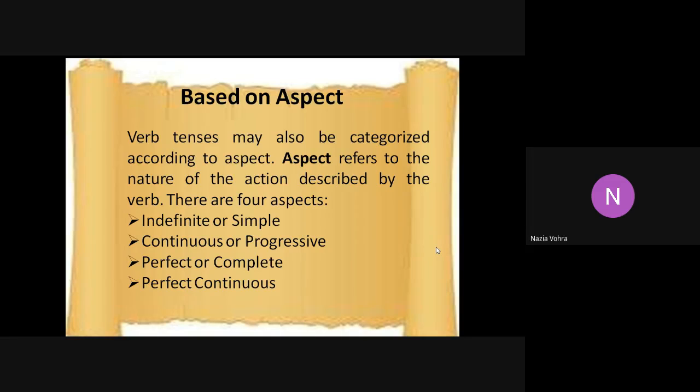In old grammar, we say continuous tense, but nowadays in modern grammar, they say progressive tense. But it is the same, so don't get confused. Same thing with indefinite or simple tense. The next is a perfect or complete tense, and the fourth is a perfect continuous tense. So a total of 4 threes are 12 tenses is what we have.